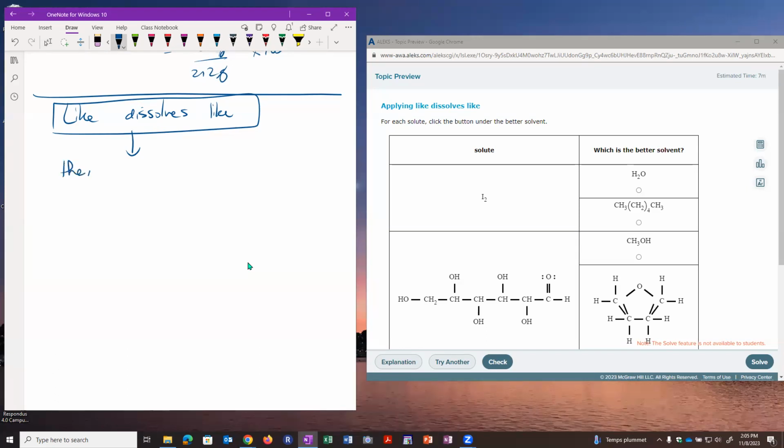So there must be like or similar polarities between the solute and the solvent for a solution to form.